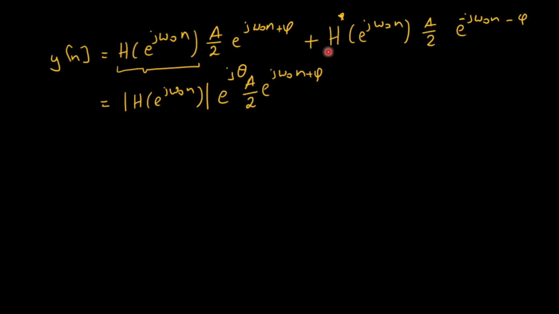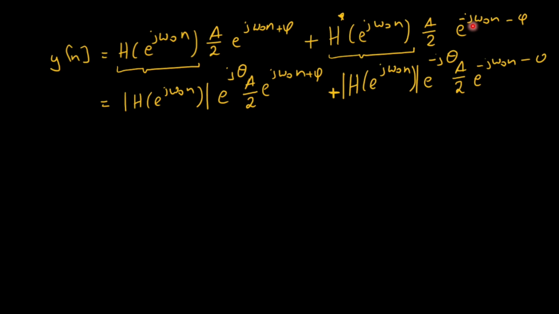And similarly for the second part, because of the complex conjugate, the magnitude would remain the same, but the phase would be negative, so we would have e to the power minus j theta. So because of this conjugation, the magnitude is unchanged but the phase has a negative polarity, and the remaining part is A by 2 e to the power minus j(omega naught n plus phi).